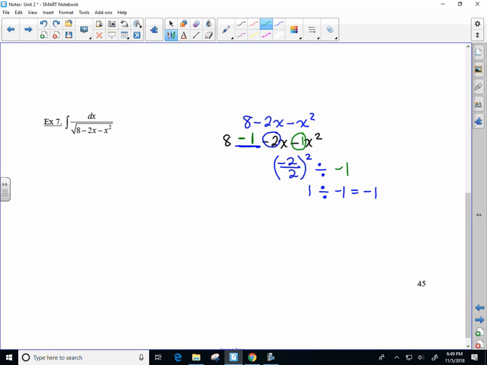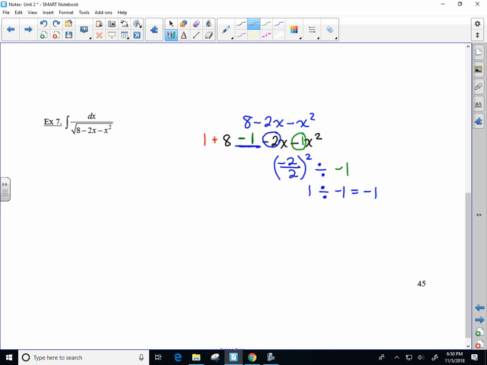But I can't just subtract 1 from an expression. I've just changed the value of the expression. That's not reasonable. So I'm also going to add a 1 to keep it equivalent, right? So what I have here is the same exact expression. These two would cancel each other out. That is what I started with. So algebraically, it means the same thing.